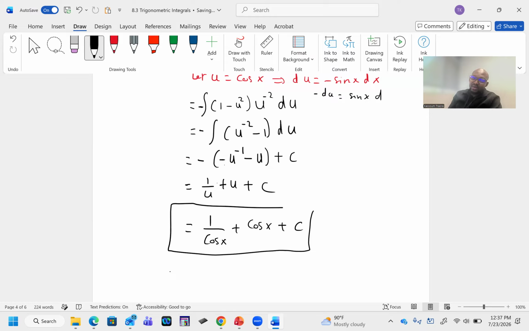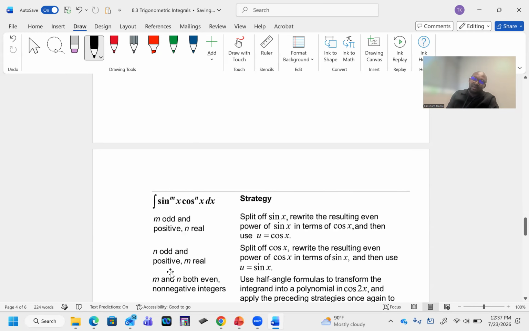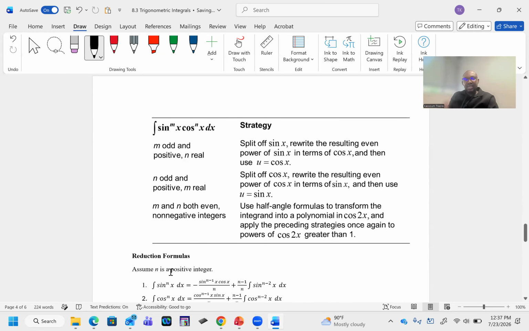And if you don't like that, 1 divided by cosine of x is what? Secant x. So you can change this one to secant x plus cosine x plus c. Hope you understand this.